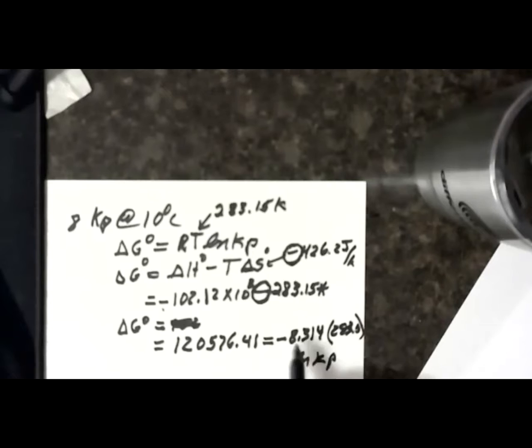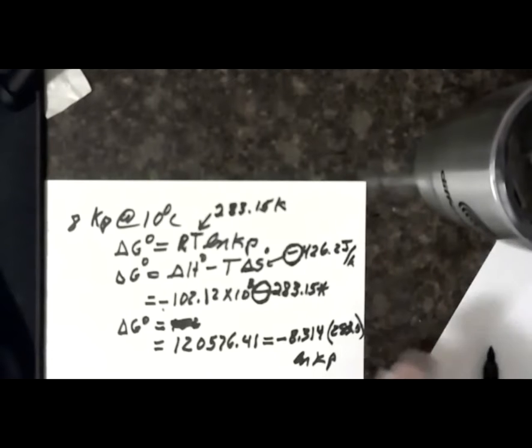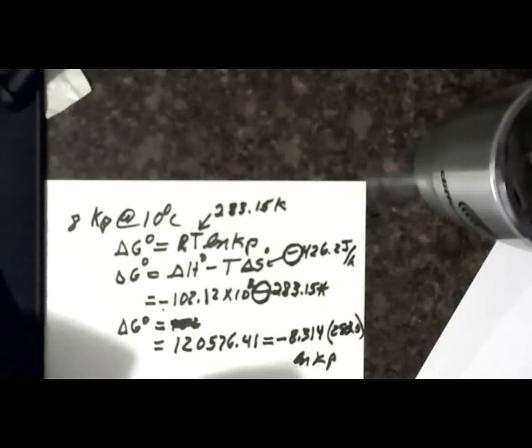Okay, so I can take this number and divide by minus 8.314 and divide it by 283.15, and I get this number. Wow, that's a really, really tiny number. That's got to be wrong. I'll run it on through, but that doesn't look good.